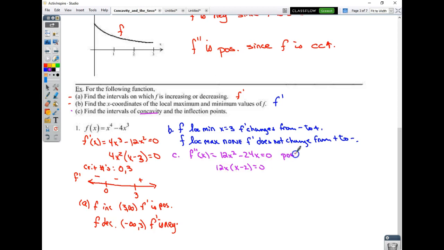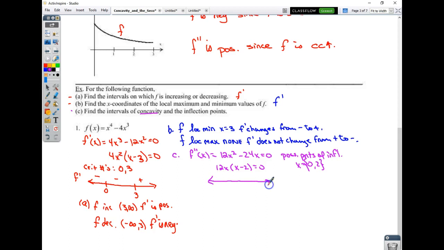Possible points of inflection are going to occur at x equals 0 and 2. They're not called critical points because the critical point is specific to f prime. Possible points of inflection are specific to f double prime. So it seems like it's not a very important change, but we're going to be consistent with it.